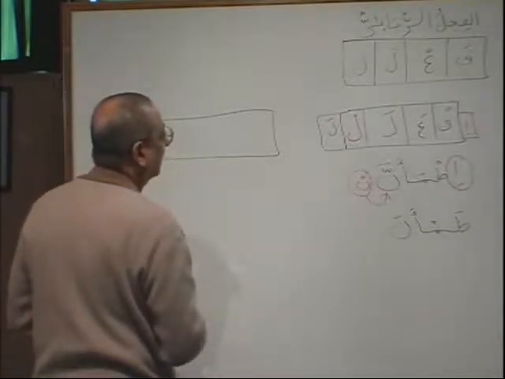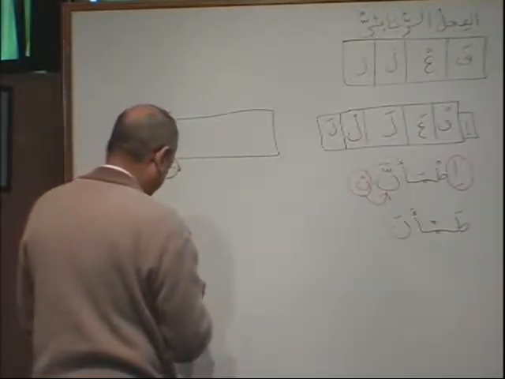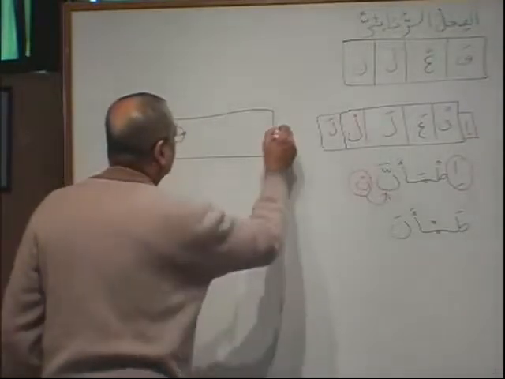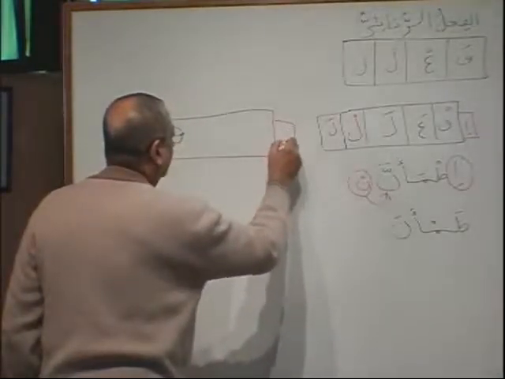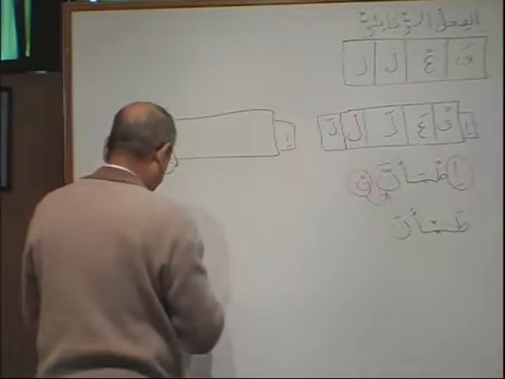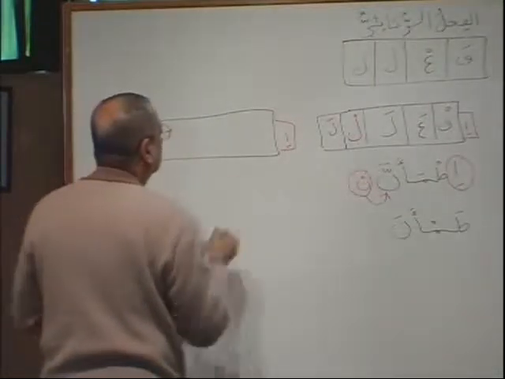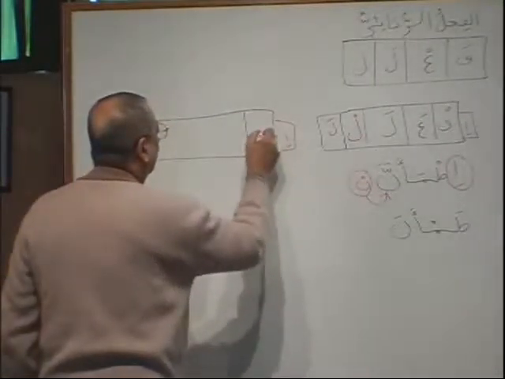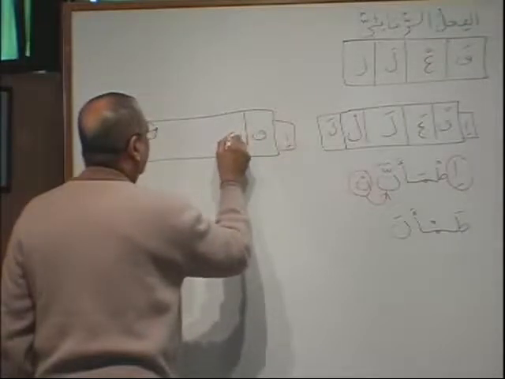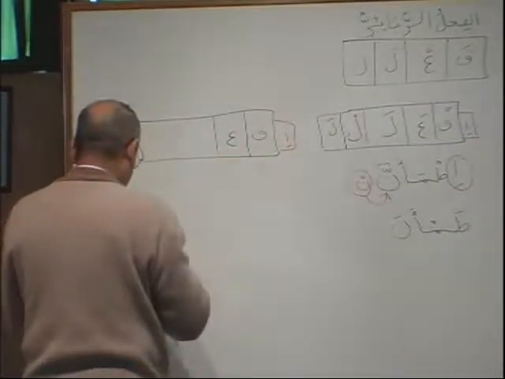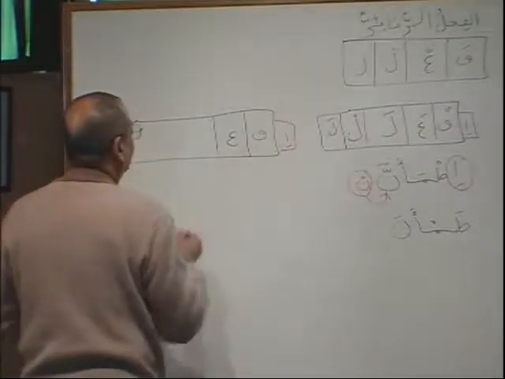And what is that? In the beginning, Hamza will come. And then Fa. And then Ain. And then Noon will come.